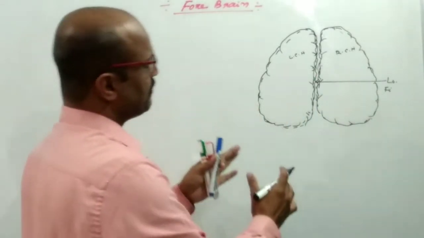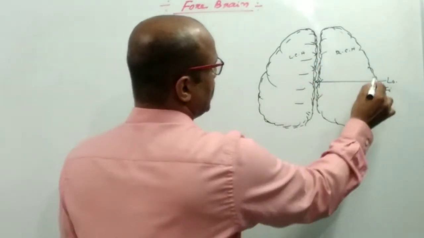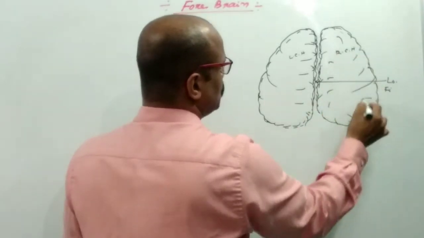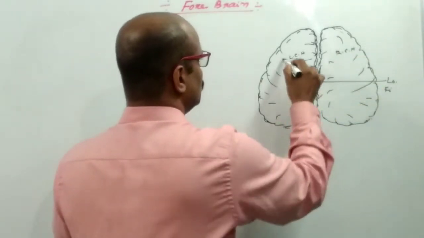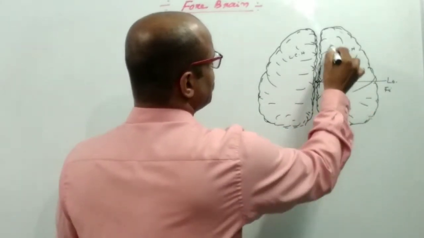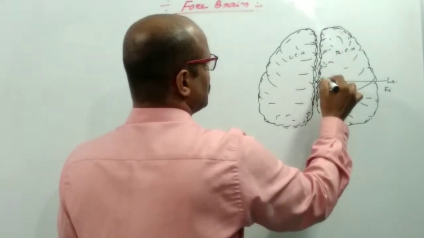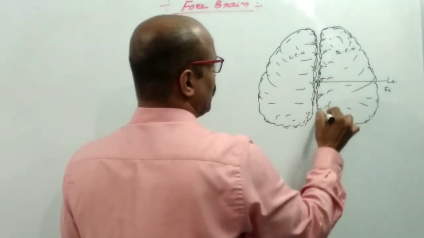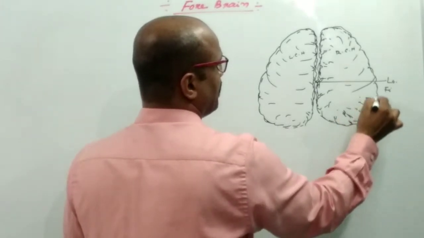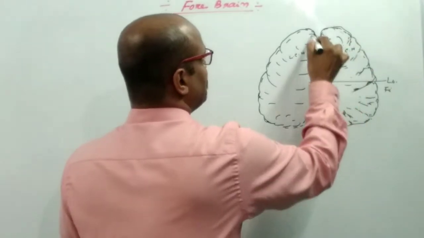The cerebrum is also divided into four lobes because of the presence of different fissures. This is the dorsal view of the brain, where only the cerebrum is visible.